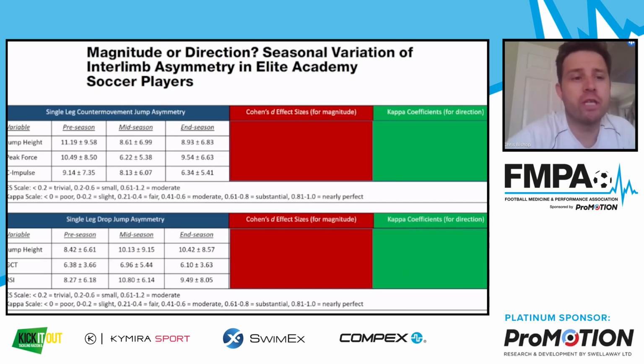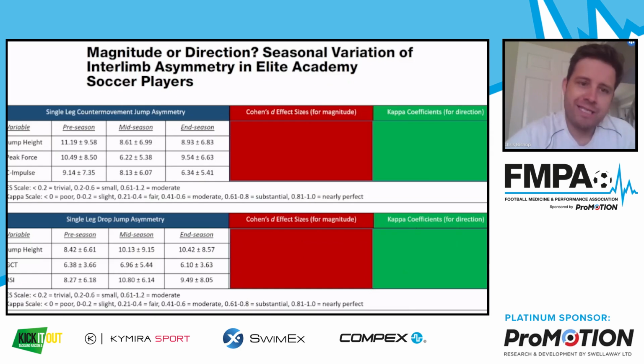For example, that first box for pre-season jump height for the counter movement jump, 9.58, probably represents about 85% of 11.19. So again, we've got this very, very large standard deviation value, and it doesn't seem to matter what test we choose, what metric we look at, or what stage of the season, that number is always very, very large.